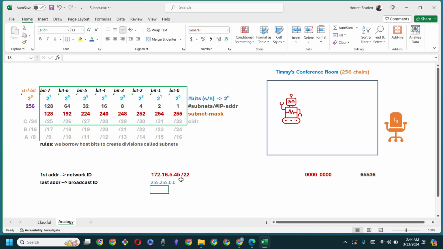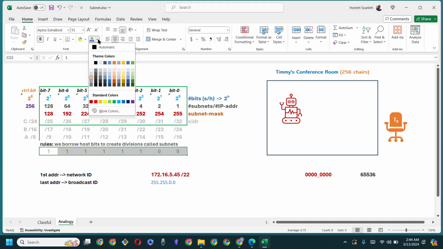So /22 falls at this position, and if we turn on all the bits up to that point, we end up with 1 1 1 1 1 1. That is 6 bits: 1 2 3 4 5 6, and the other values are going to be 0 and 0. Let me use a different color here.